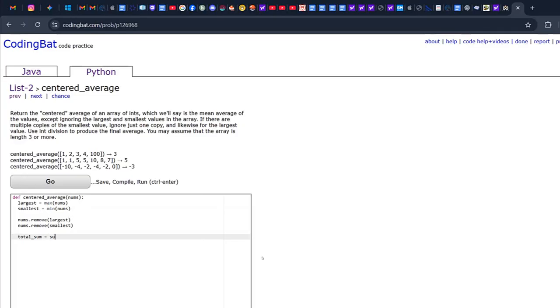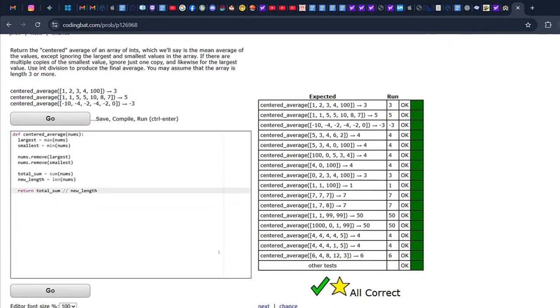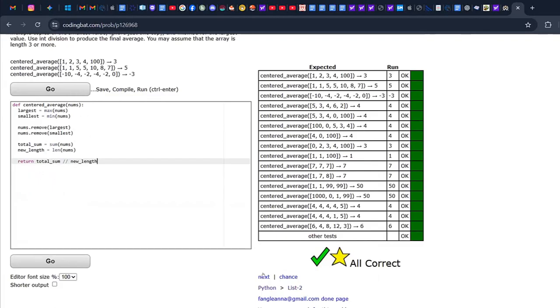There's a function called sum. Okay, one moment.